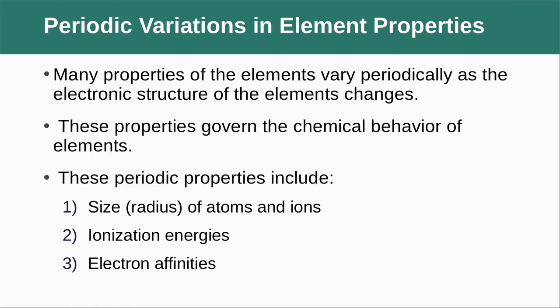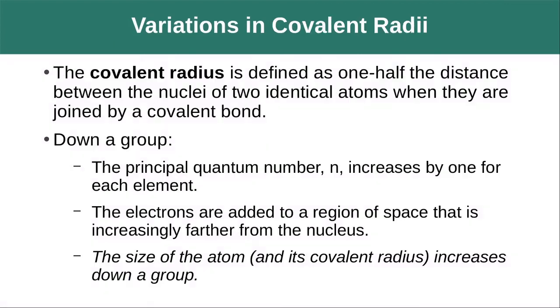These properties govern the chemical behavior of the elements. These periodic properties include size, the radius of the atoms, the ionization energies, and the electron affinities. So let's get into what some of these properties are of atoms and how they change across the periodic table.